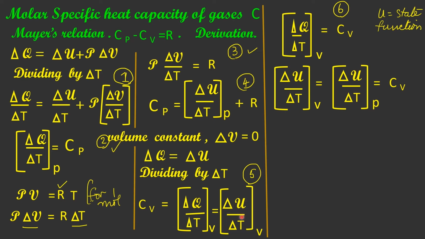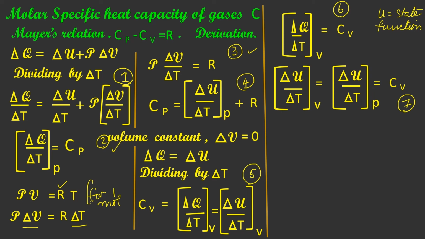Delta U by delta T at constant volume is equal to Cv. Since they are the same, we can equate delta U by delta T at constant pressure is equal to Cv. Let us mark this equation as 7.